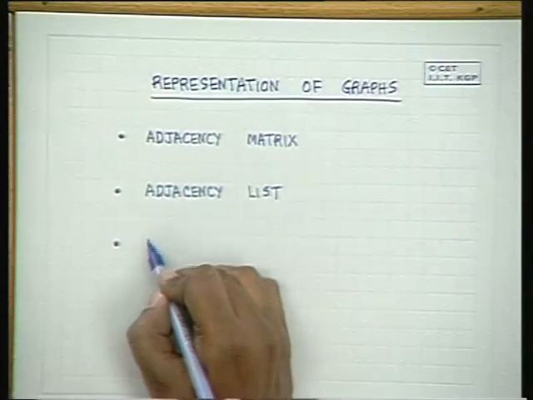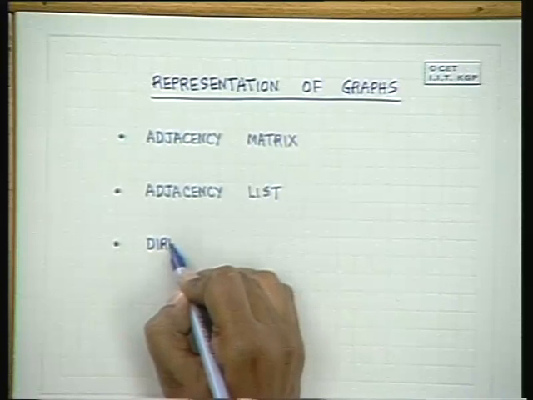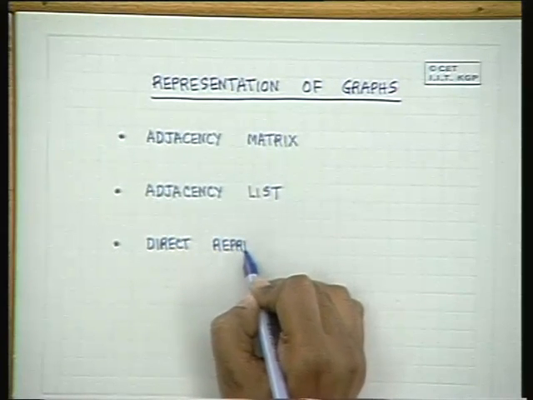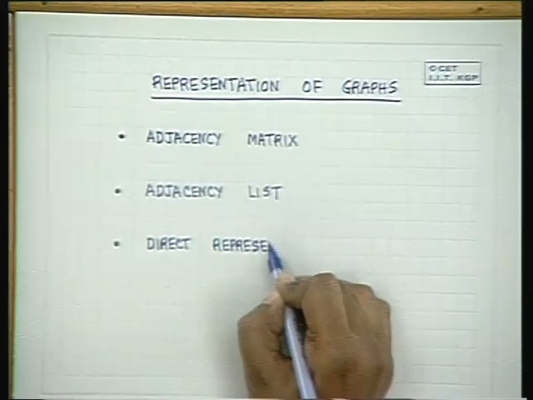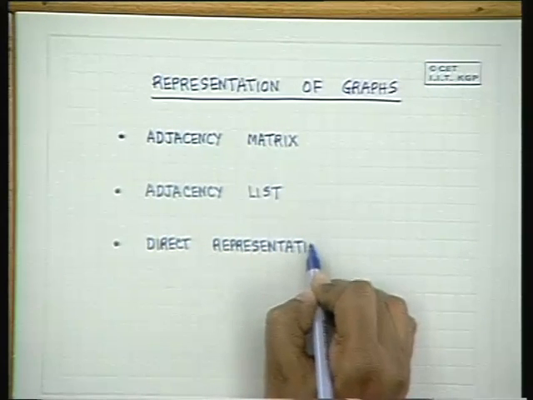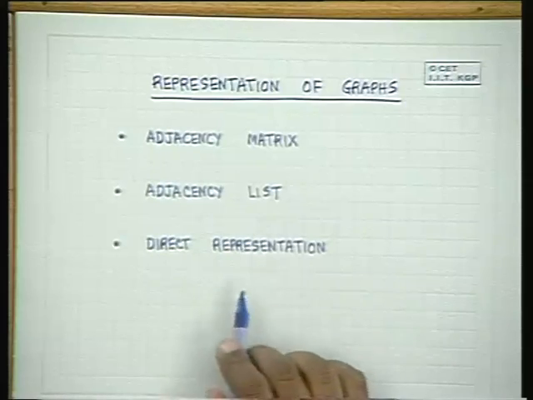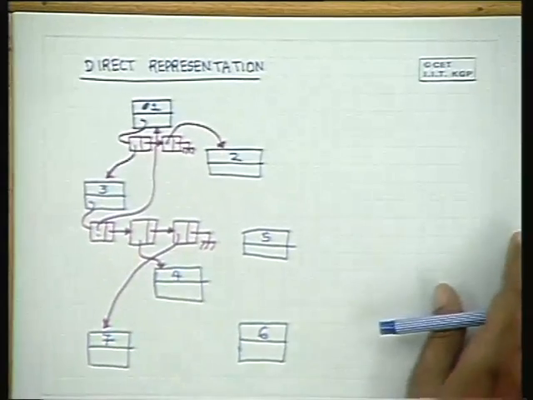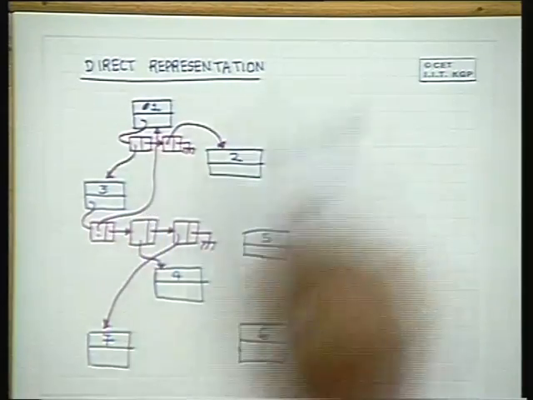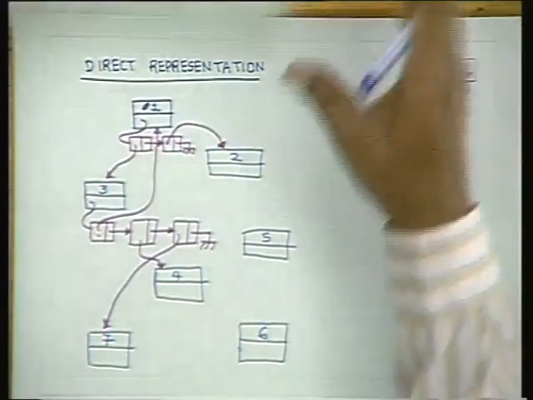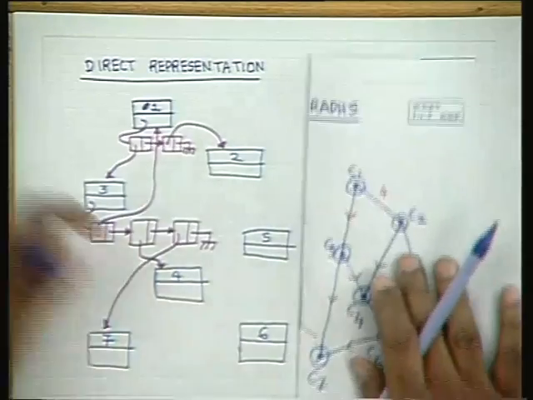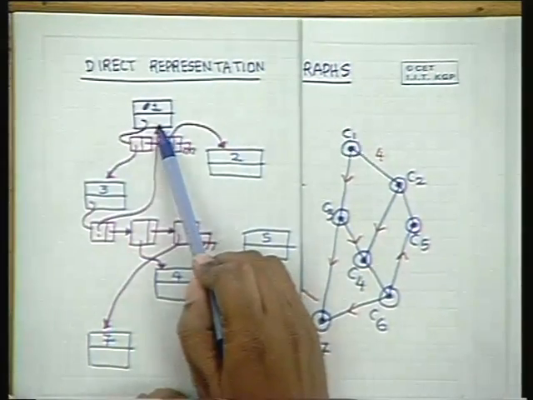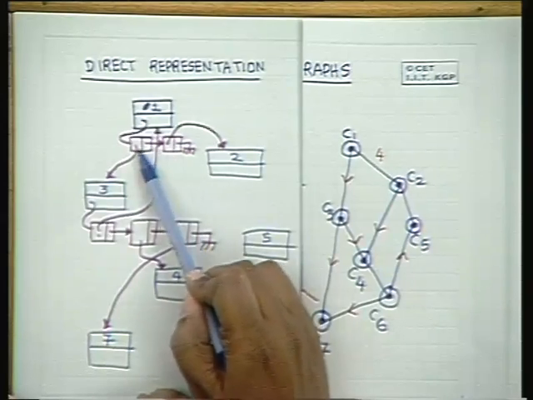The third is the direct representation. In the direct representation, we represented the graph as it exists. If you recall what our original graph was, then in the direct representation from C1 we put in a set of linkage nodes and linked it up.